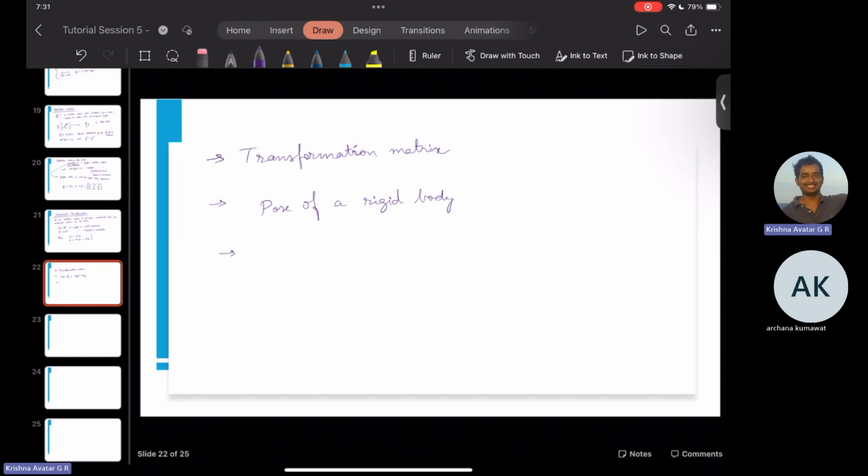Then also talking about coordinate rotations, the direction cosine matrix, what is called DCM in the literature, basis vectors, and rotation matrix multiplication.